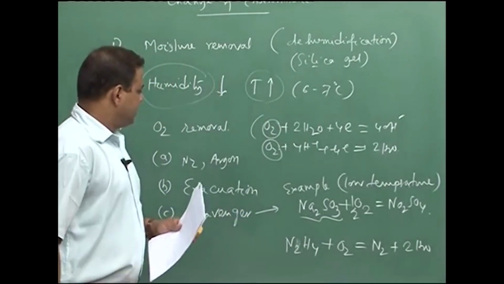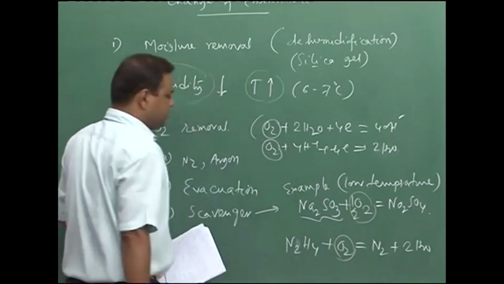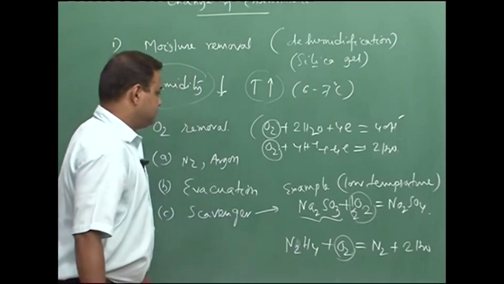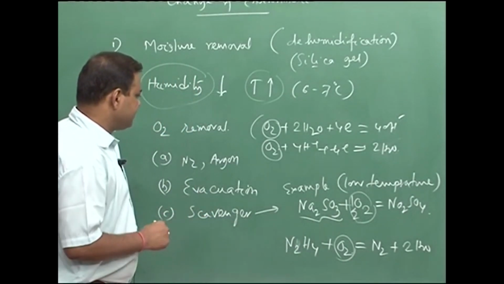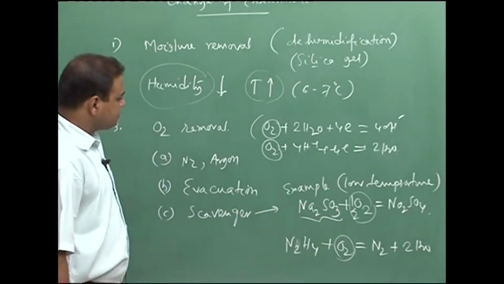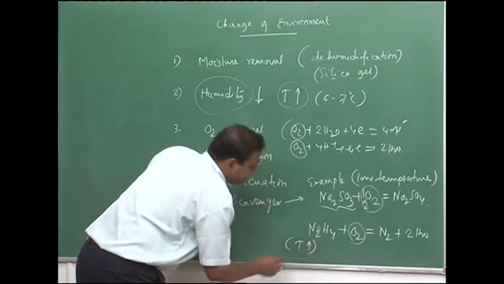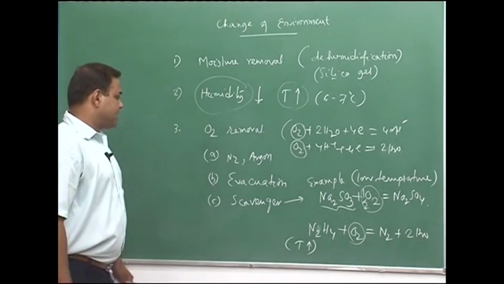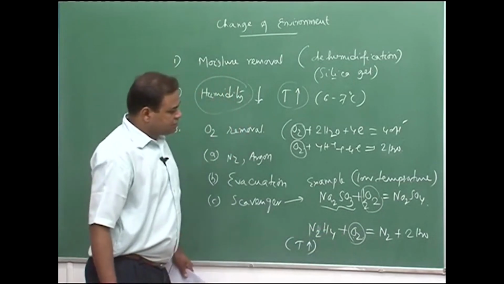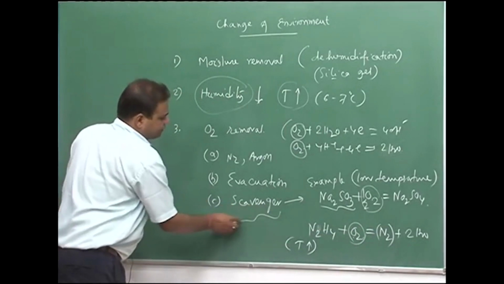So, the dissolved oxygen will be taken out from the system by these two molecules. When the temperature is a little high, one can use hydrazine, which will take care of dissolved oxygen, and the nitrogen would also have a purging effect. So, this is the effect of scavenger.